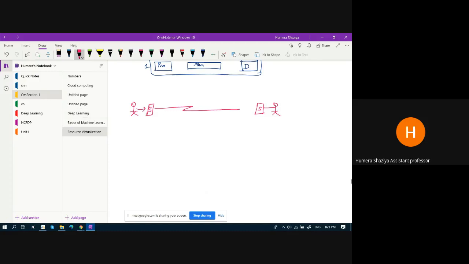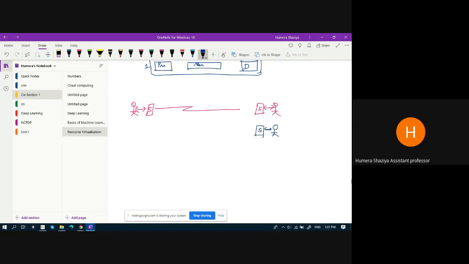This is physical, because you're using this resource physically only once. But suppose at the same time your friend says that let us have a group chat. This person also has a smartphone.